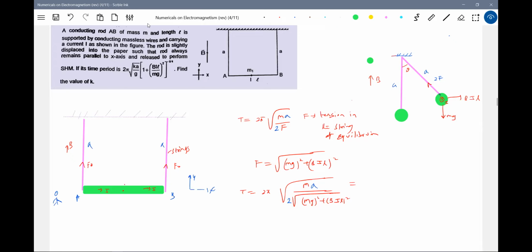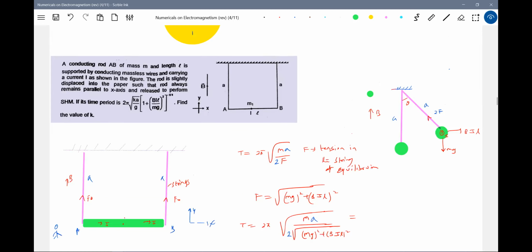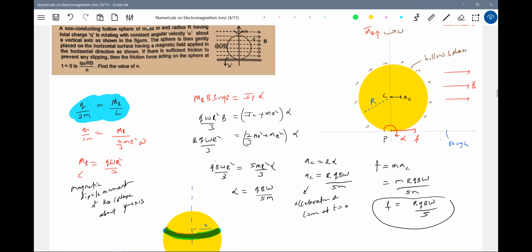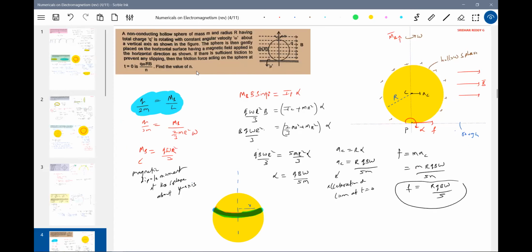Sir, can you open the previous question, sir? See now. Sir, direction of current will be in the opposite direction of charge direction, no, sir? No, I'll assume the conventional charge, no? I is equal to dq by dt.